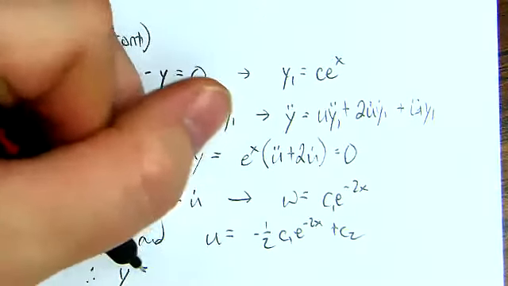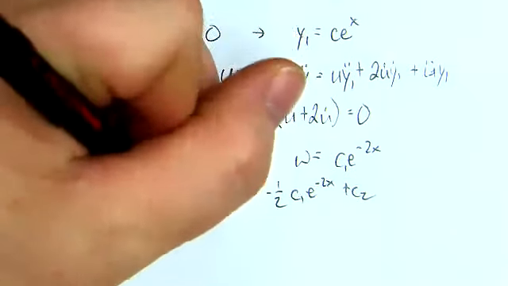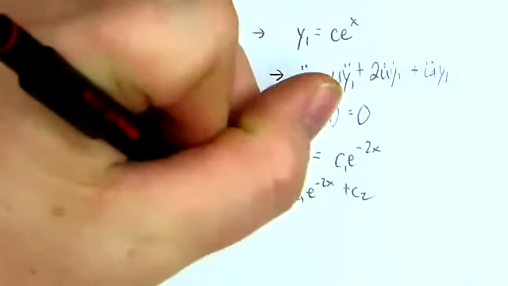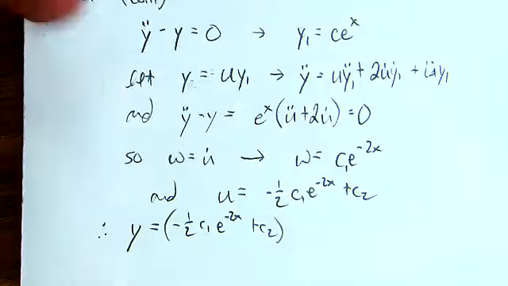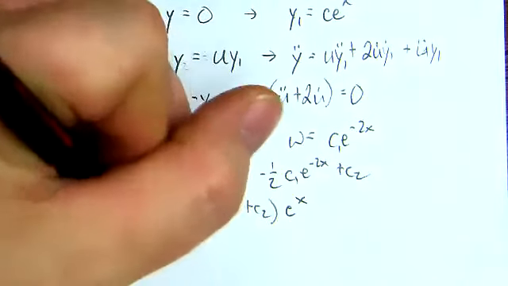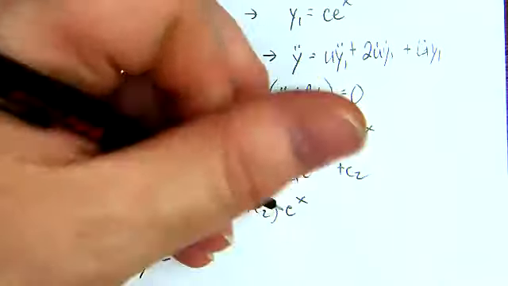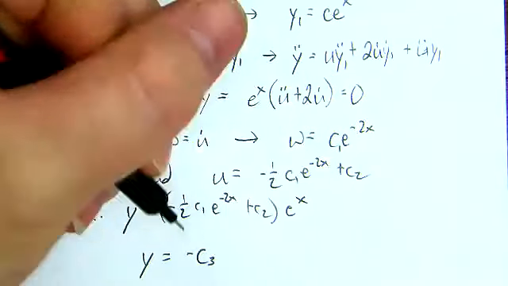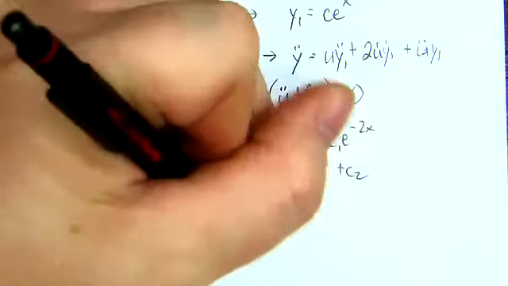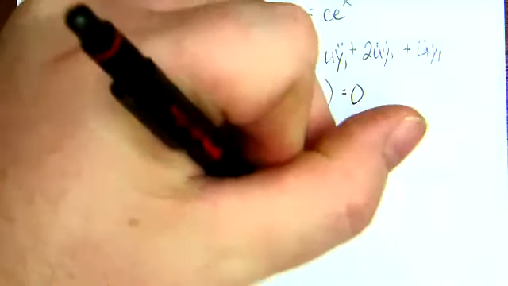But our original thought was that y here was equal to u times y1, which can be simplified to be y is equal to negative c3 e to the negative x plus c2 e to the x.